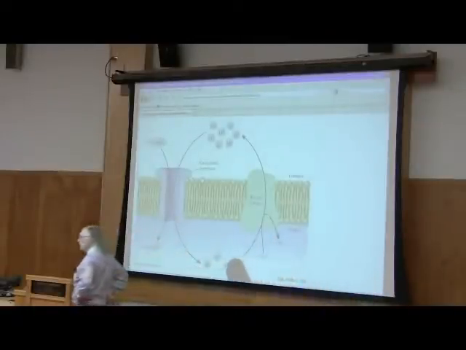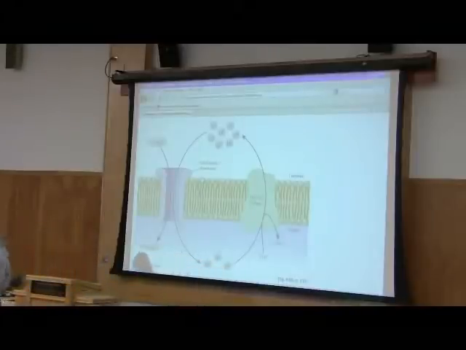Okay? You don't see any ATP being used here. The thing that's carrying the lactose in is the protons that want to come back in. So the concentration gradient, and by gradient we mean a difference in concentration between the two sides, the concentration gradient of protons is actually bringing in this lactose.